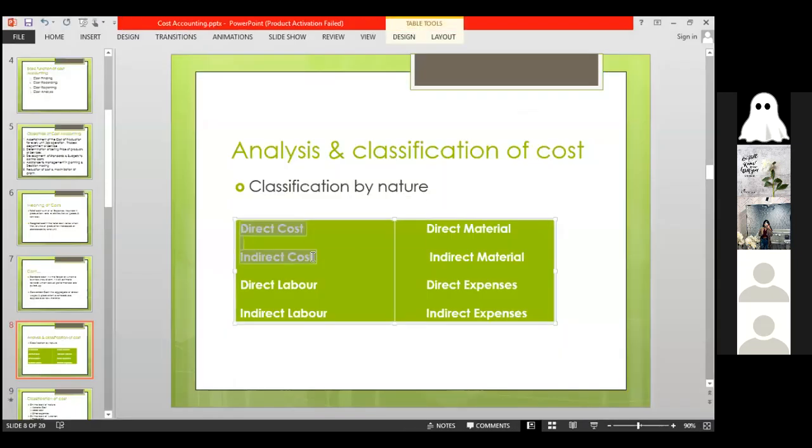So direct cost and indirect cost, and everything else mentioned here, are subtypes of those, like direct labor and indirect labor. Direct labor is the number of people the company uses, or the money that the company pays to the people who work in your production department or in your service department. So let's say it's a transportation service company.